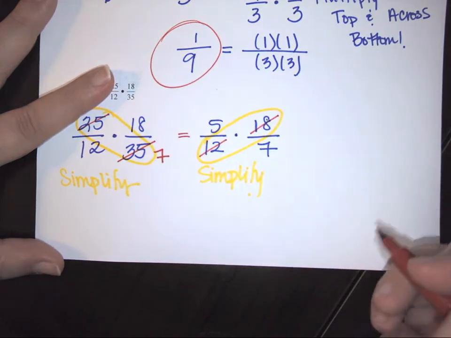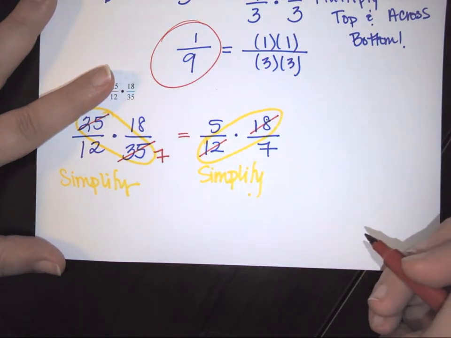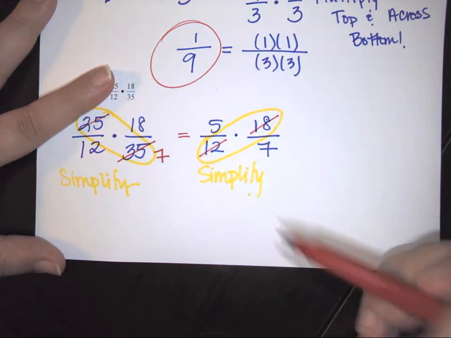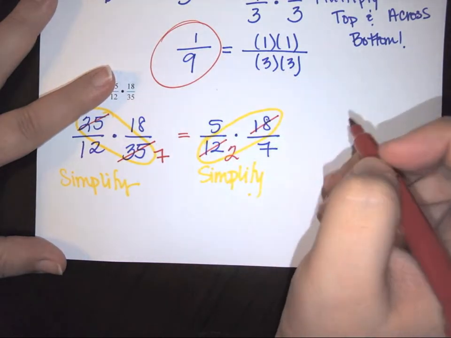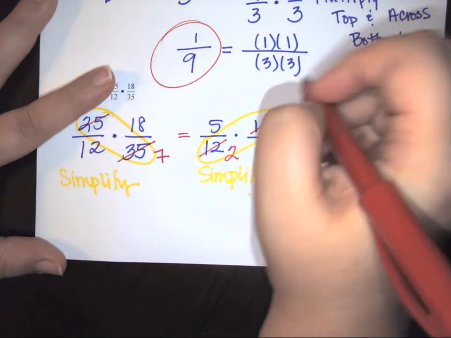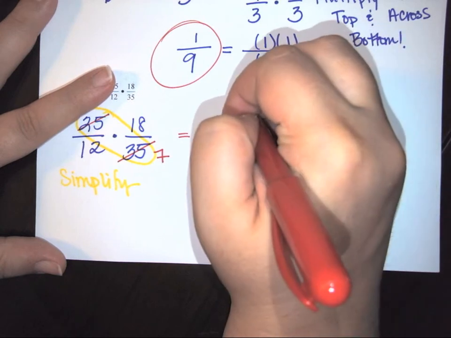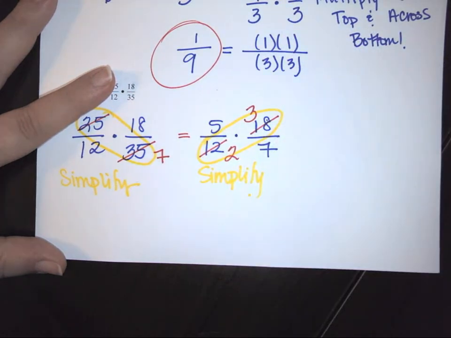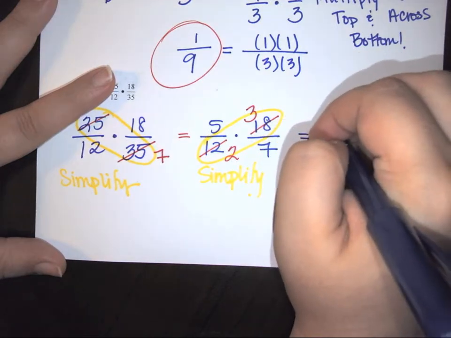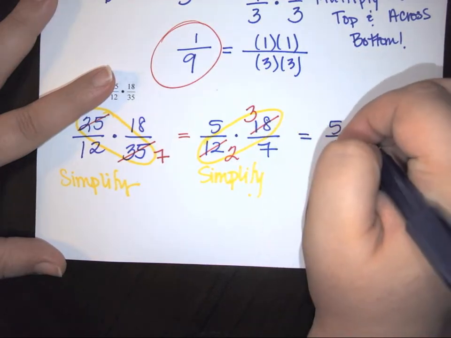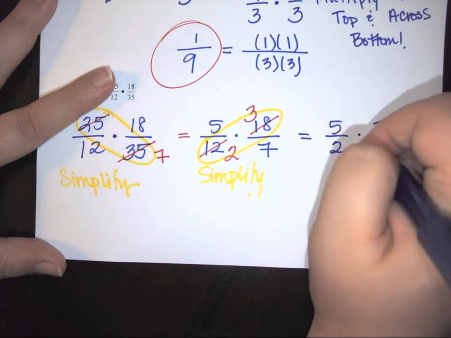However, I know in this case that I can pull a 6 out of both. So when I pull a 6 out of 12, I'm left with a 2. And when I pull a 6 out of 18, I'm left with a 3. So in doing so gives me a new fraction. This is 5 over 2 times 3 over 7.